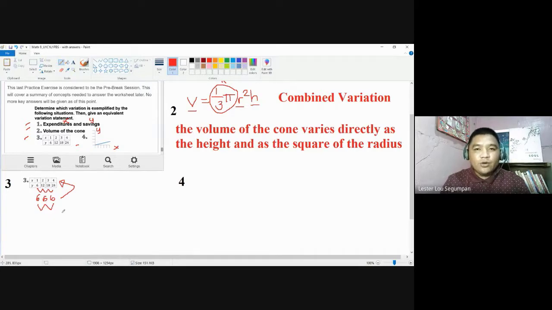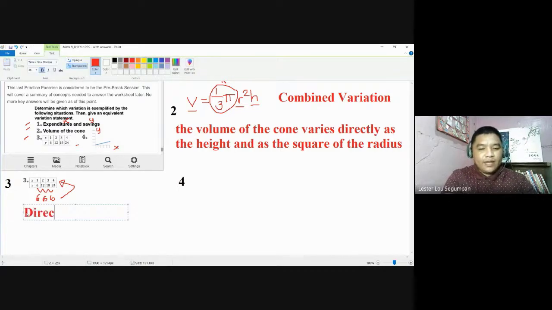If there is also a second-degree common difference, that would mean it's a direct square variation. If it doesn't have any pattern, but as the values of x increase, the values of y decrease, it goes the other way around, it may be an inverse variation. And I try to examine the values. But as far as number three is concerned, again, this is direct variation.